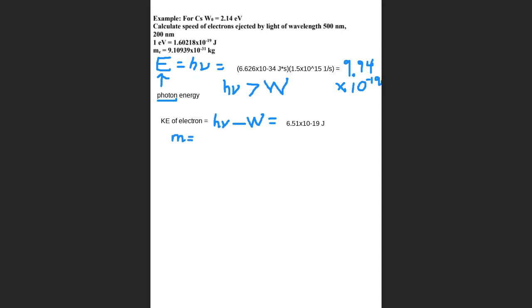Now, an electron has a mass of 9.10939 times 10 to the negative 31 kilograms. Actually, the kinetic energy is 1/2 mv squared, where v is the speed of the electron.